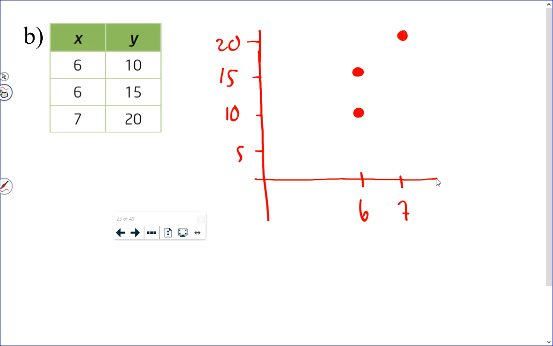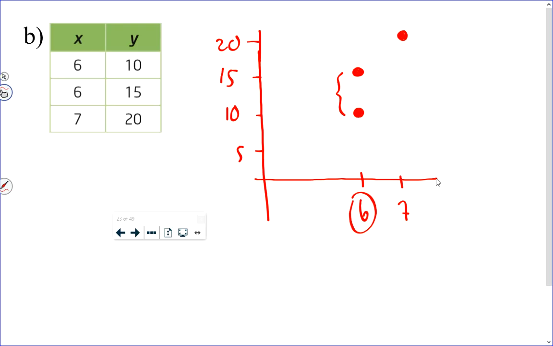Well, these 2 points here have a single x, which is 6, producing kind of a branched output. It produces 2 different y's, 10 and 15.